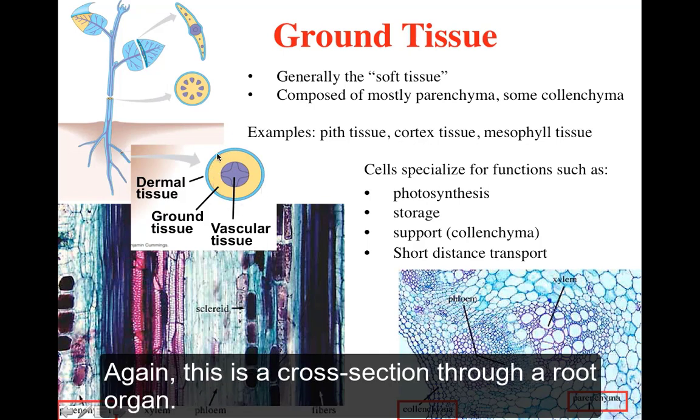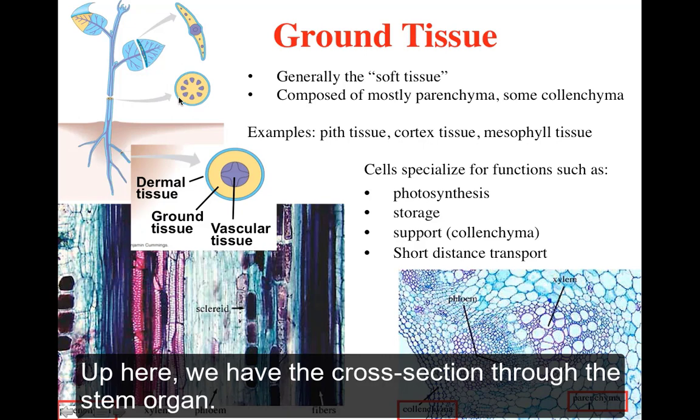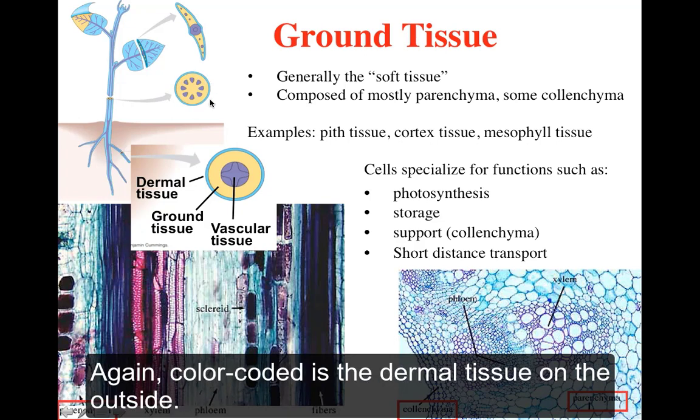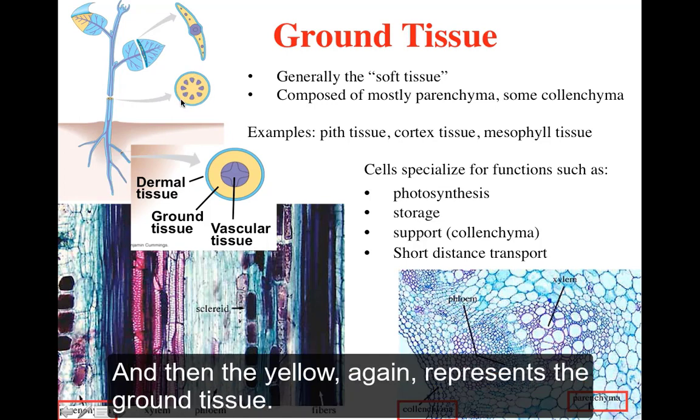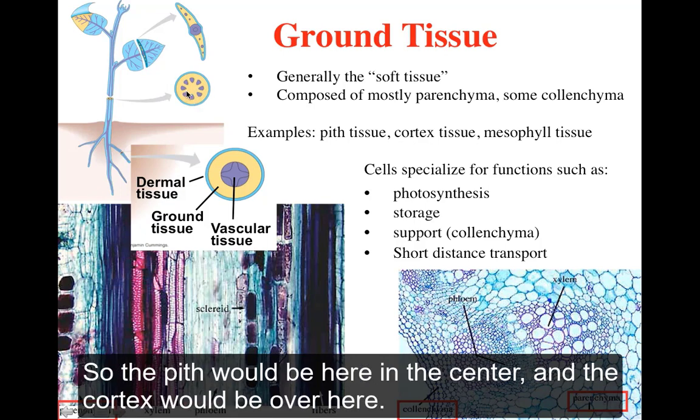Again, this is a cross-section through a root organ. Up here we have the cross-section through the stem organ. Again, color-coded is the dermal tissue on the outside. The purple represents the vascular bundles. And then the yellow, again, represents the ground tissue. So the pith would be here in the center, and the cortex would be over here.